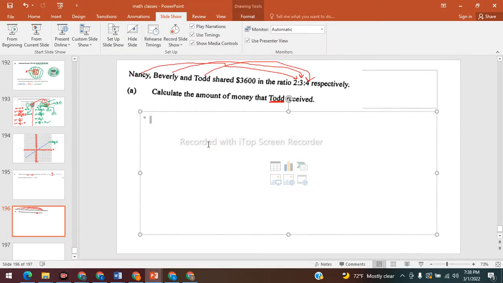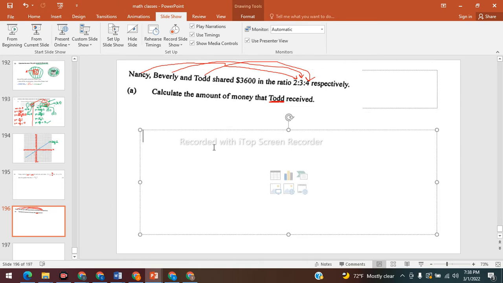Okay, so we need to first find out what one equal part is.